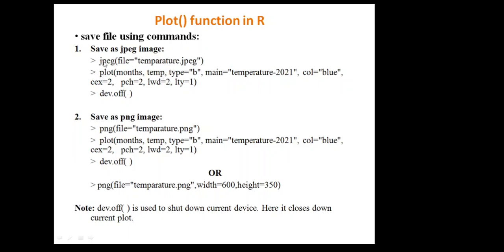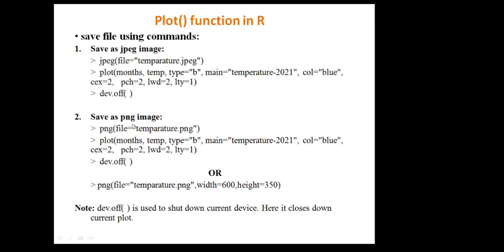After this command you need to give your plot function, the line graph that you want to plot, and then the dev.off command. The dev.off command is basically used to shut down the current device. In this case it is used to close our current plot. So this is how we can save our image by using these commands.